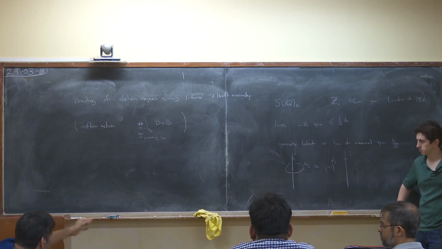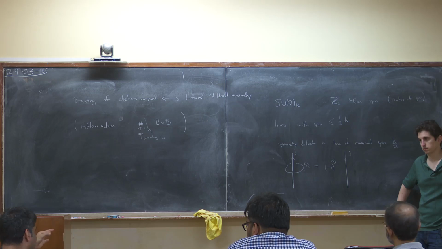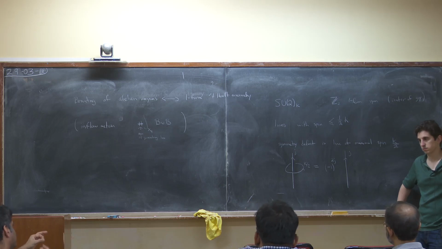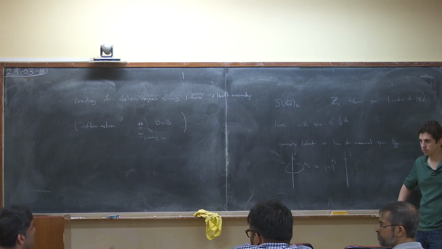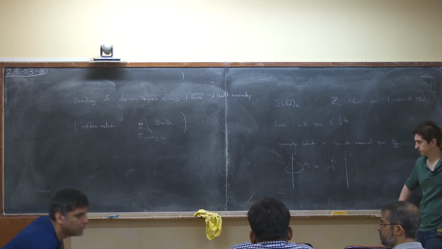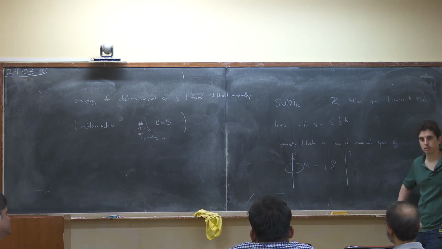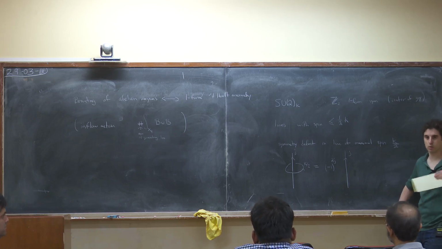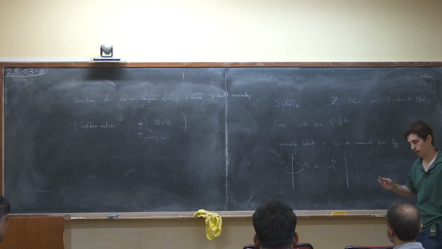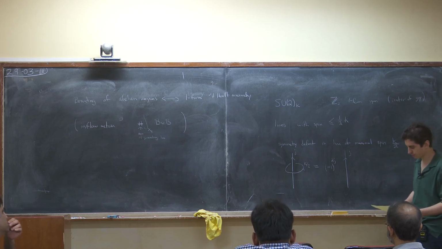The fact that this happens is a semi-classical fact: the k by 2 Wilson line generates a rotation by 2 pi in S2. So that's why it's this nice. It's basically the center element. Let me think a little bit more about your question, and see if I can come back with a better answer.